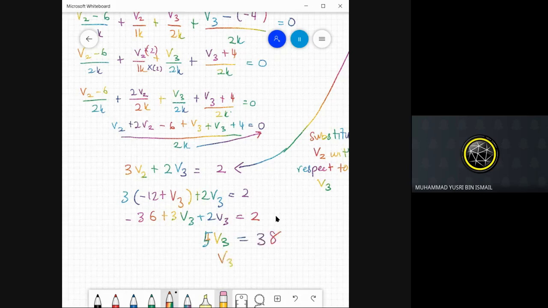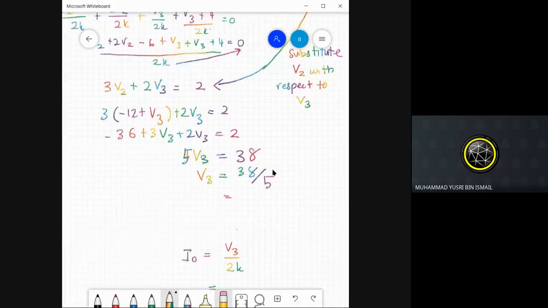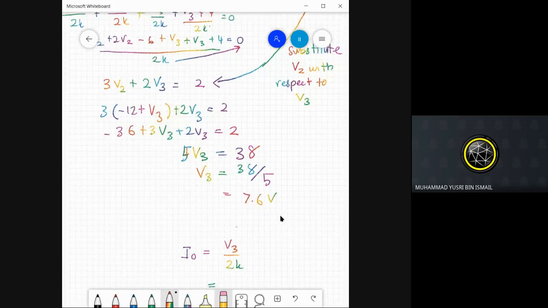So V3 is basically 38 divided by 5. So 38, you will have 7.6 volt. Okay?